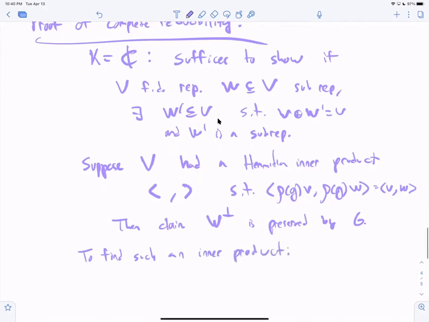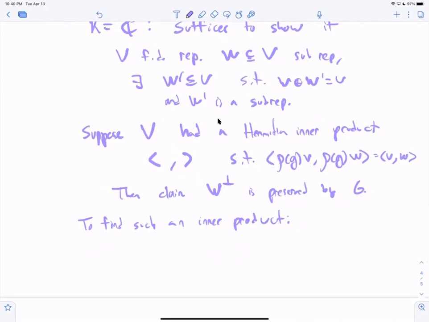Well, you just take any Hermitian inner product. Let me write it with parentheses, an arbitrary Hermitian inner product. And then you average it.